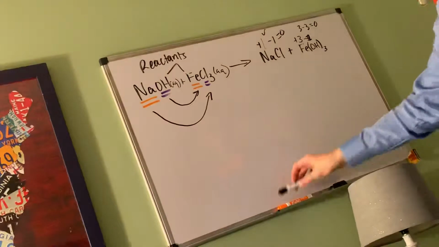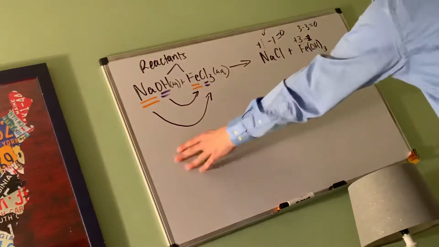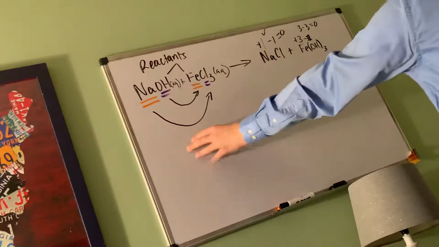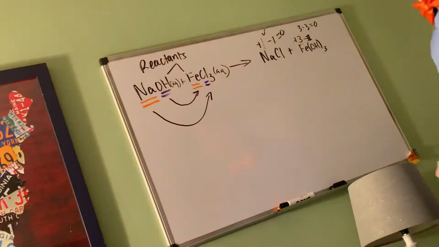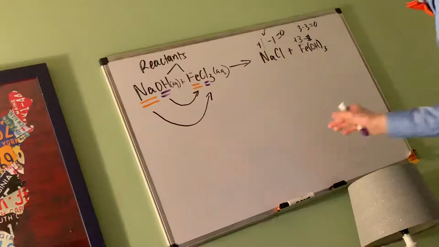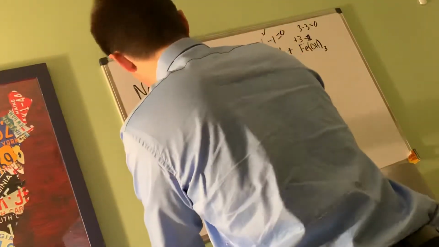We are going to make sure the elements on this side are the same. Elements and polyatomic ions in this case, and they're the same on this side. So we have NaOH, Fe, Cl.